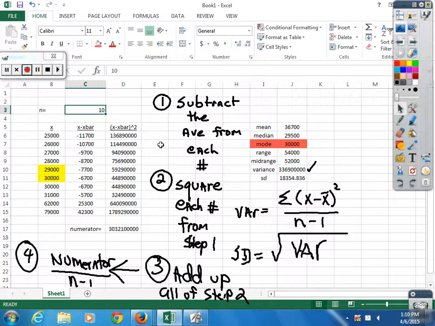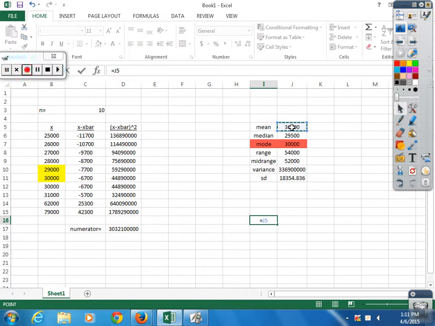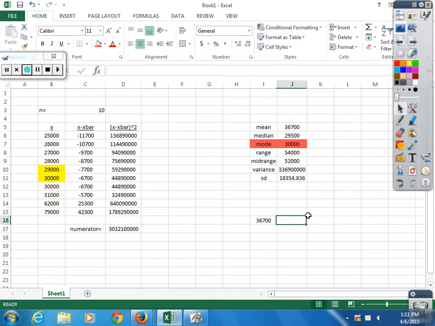Now what you do with that mean and standard deviation is you put the mean in the middle, and on the right side you add the standard deviation.